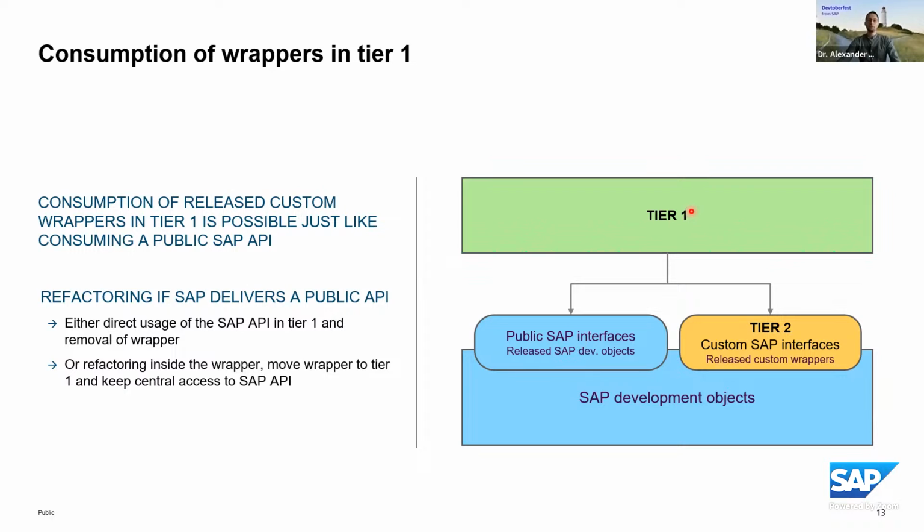Or the other possibility is, imagine you have a frequent use of your wrapper in tier 1, so you have multiple usages all around, then it might be suitable to keep a central access to the SAP development. And then you might refactor inside your wrapper in tier 2, keep all the usages in tier 1 stable, and then move the wrapper towards tier 1. So you can change the ABAP language version of the wrapper and move it to tier 1.